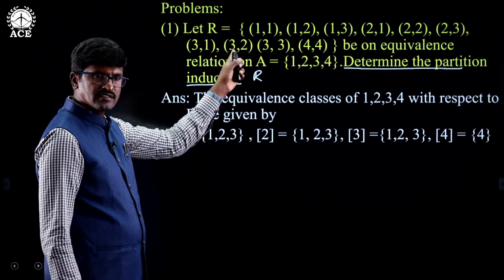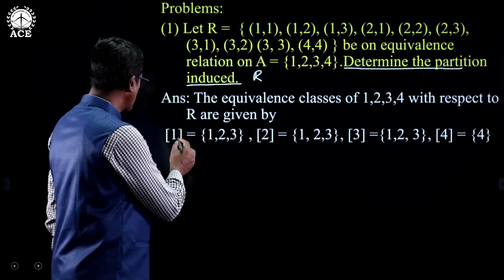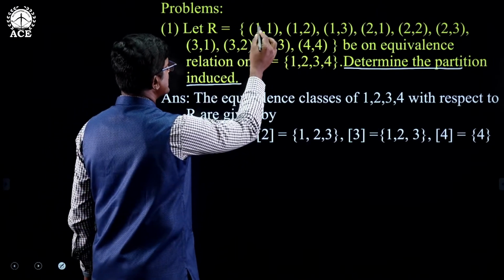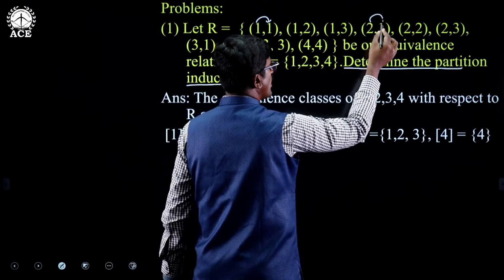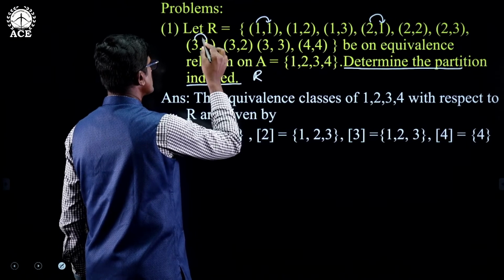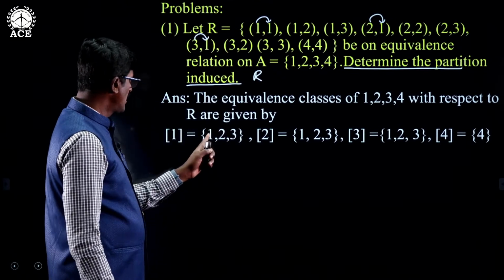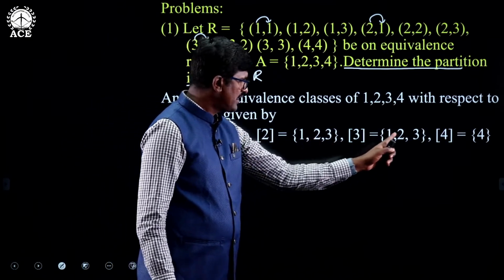As this is an equivalence relation, I am finding the equivalence class of every element. The equivalence class of 1: 1 is mapped to 1, 2 is mapped to 1, 3 is mapped to 1. So the equivalence class of 1 is 1, 2, 3. And this is the equivalence class of 4, which is 2, 3, 4.